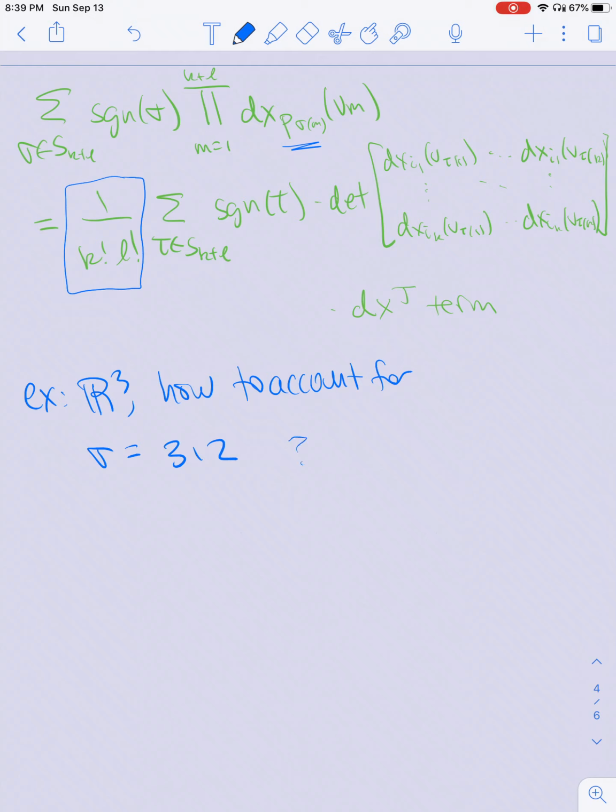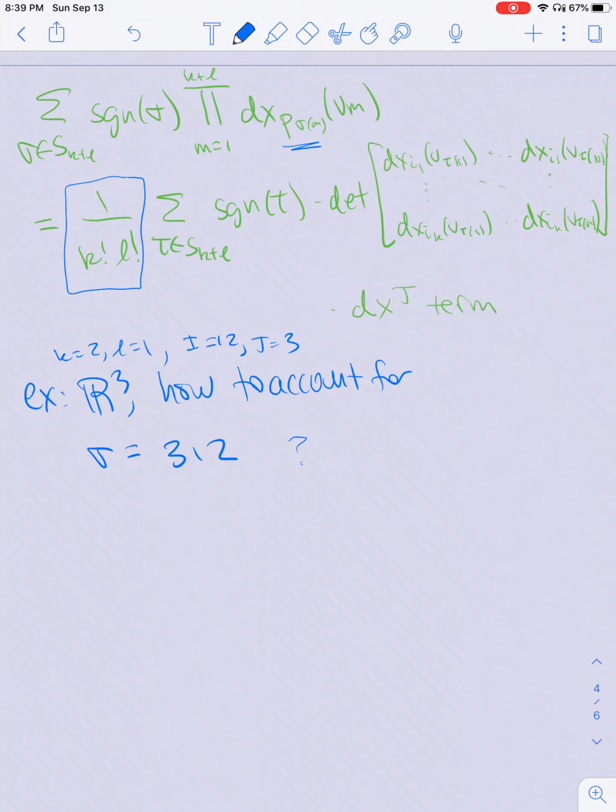And what I'll end up getting then is the term product from m equals 1 to, and let's use k equals 2, l equals 1. And let's have I be just 1, 2, and j be 3 for simplicity. So then sigma is 3, 1, 2.